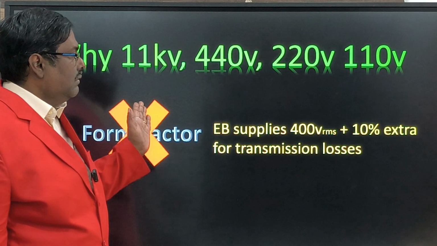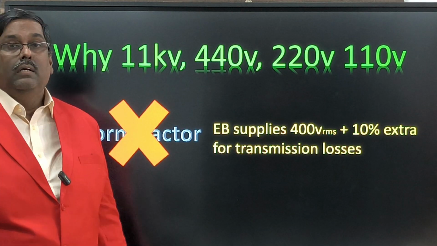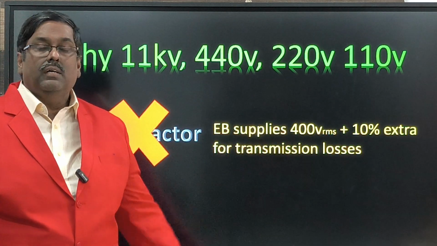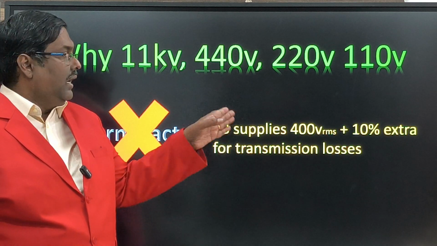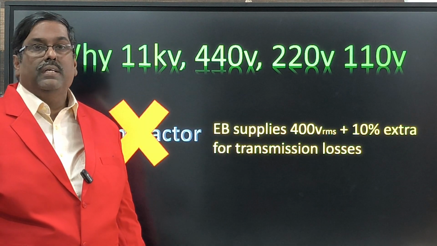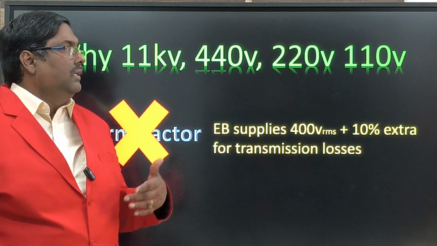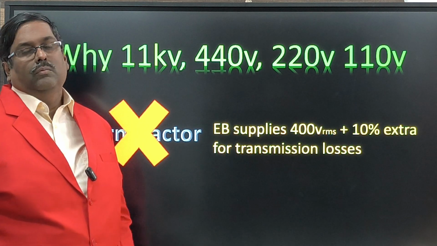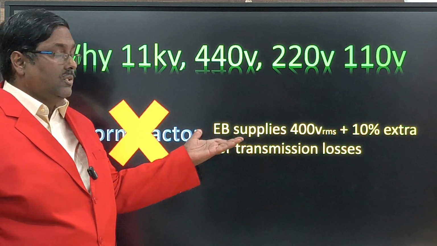Now you understand why this is like this. It is not because of the form factor. Don't confuse yourself. It is because of the 10% additional voltage, not current, that the EB is supplying or your generator is producing, to be on the safer side, more than your agreement value. It should not be less than your agreement value. That is why it is there.